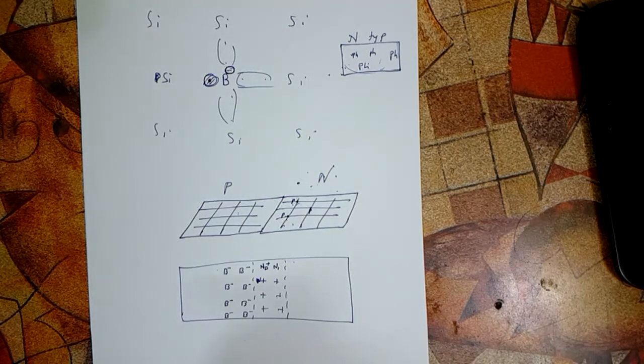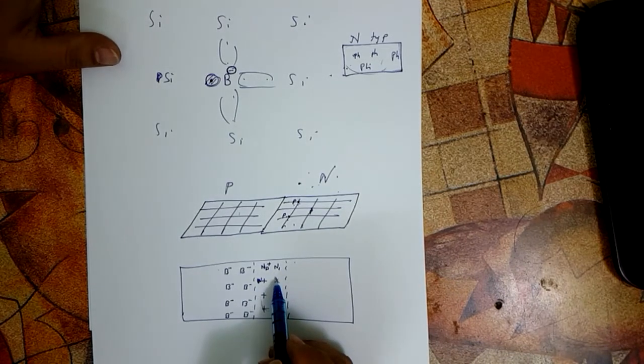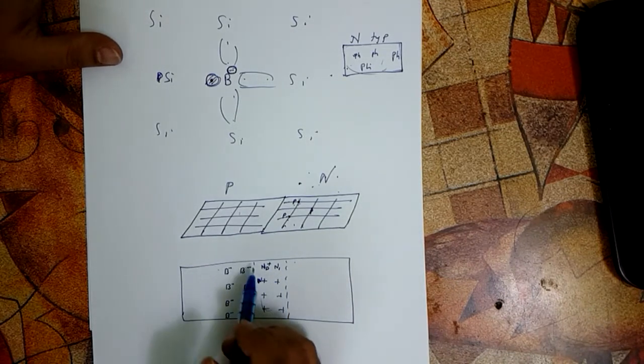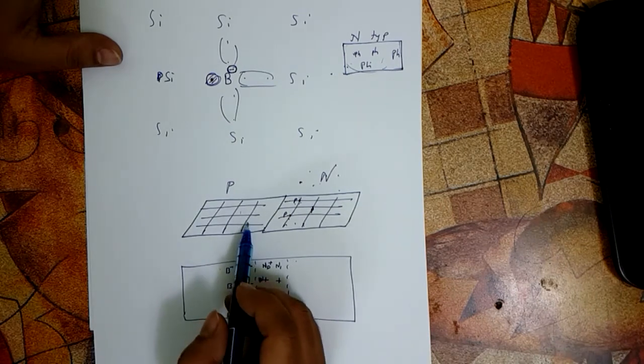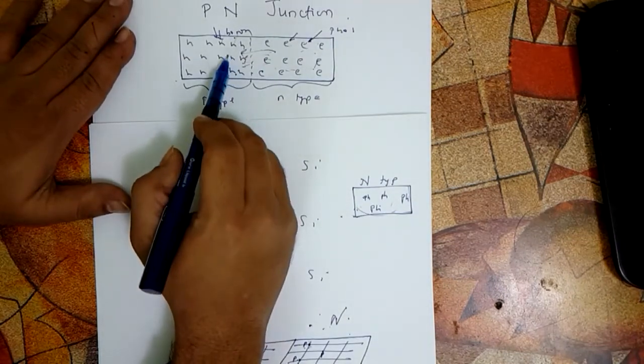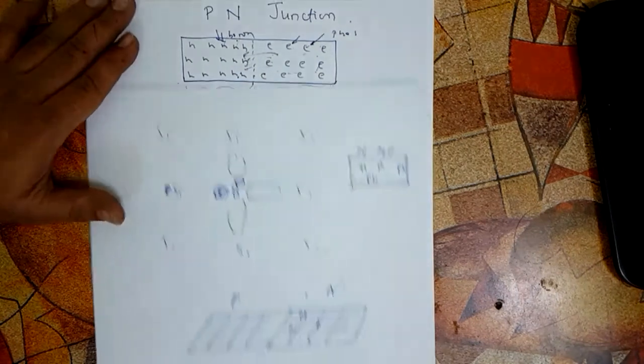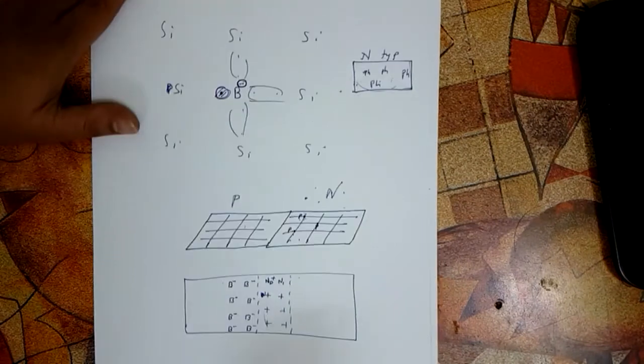Now, what about here? The free electrons are gone now. Who will conduct electricity? No one. Then what about here? Well, previously there were lots and lots of holes here. But now all of these holes are filled up by electrons. So holes are gone, so charge carriers are gone. Who will conduct electricity here?